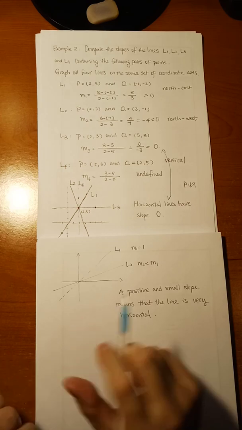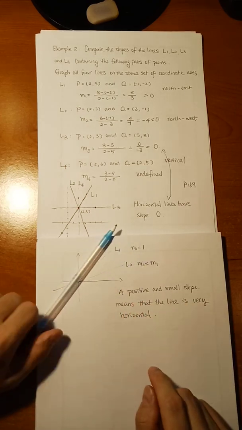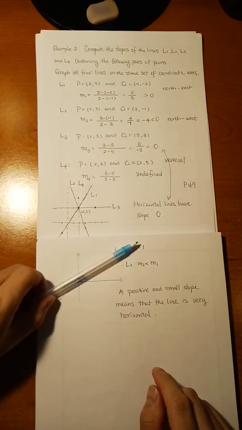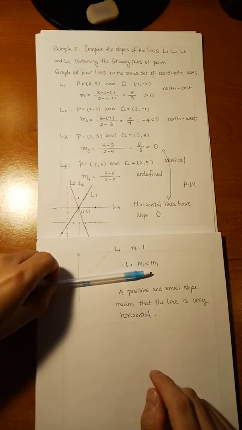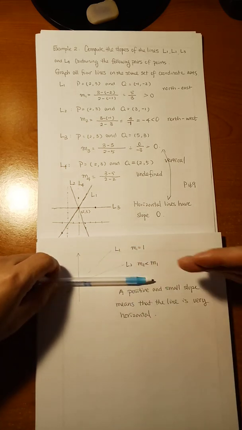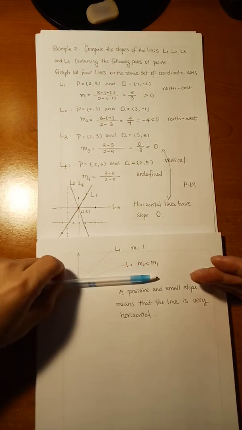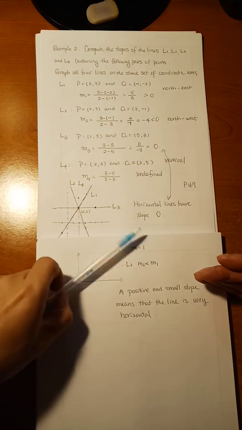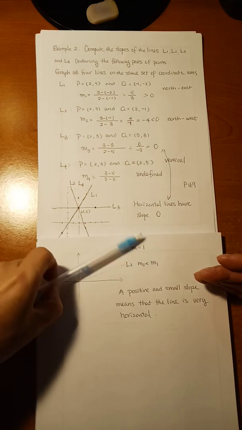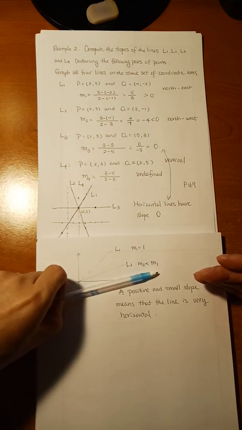When you rotate it like a clock, the slope becomes smaller and smaller. Eventually once it is horizontal, it will coincide with the x-axis and the slope becomes 0.